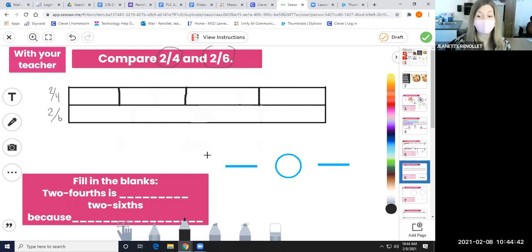Right now, you should be modeling with me, partitioning your top model into 4 equal areas or 4 equal parts. Notice that we are just looking at the top model right now.